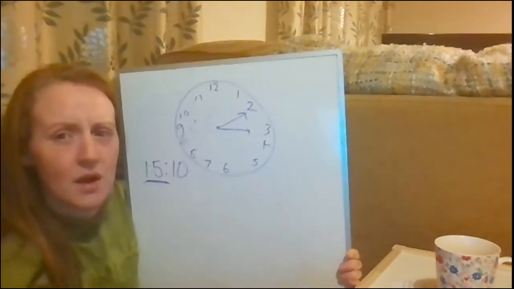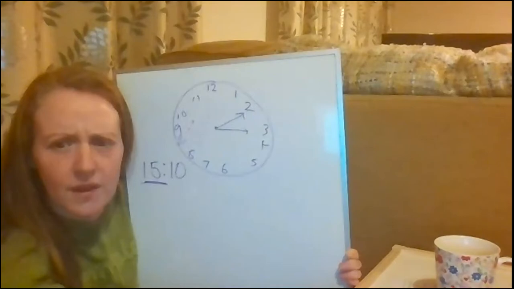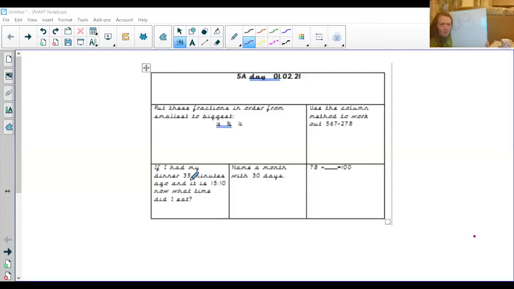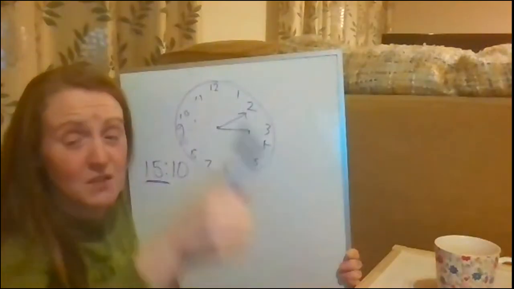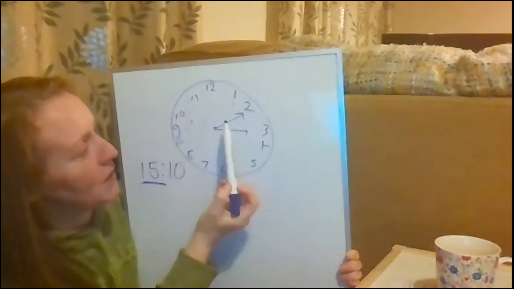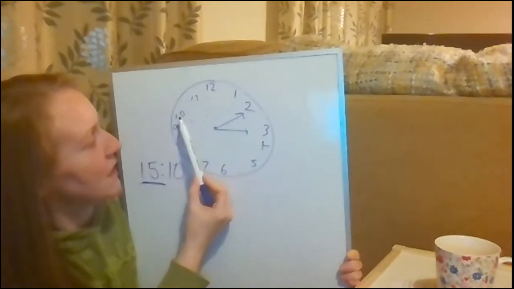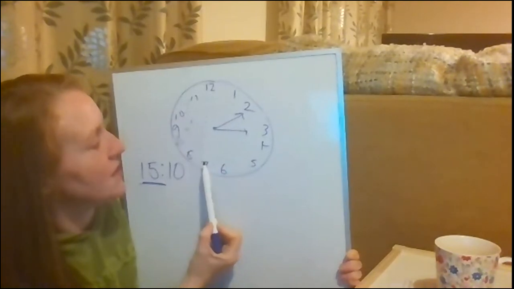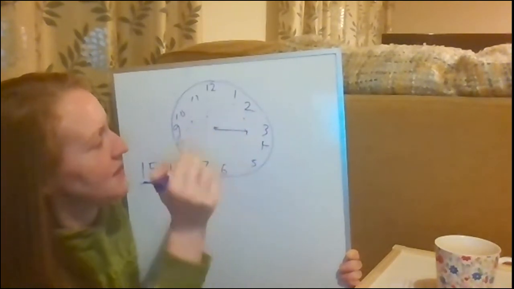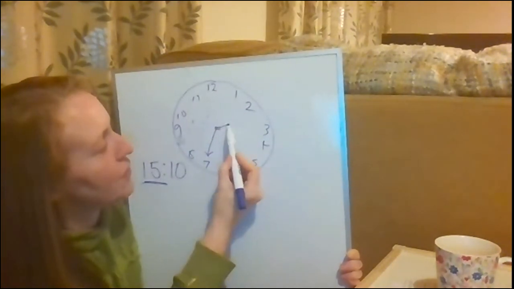And I had my dinner, I think I said 35 minutes ago. Let me just check I was right there. 35 minutes ago, so 35 minutes before this time. So I'm going to go back with my minute hand, 5, 10, 15, 20, 25, 30, 35. So my minute hand is now down here, which means it's not quite on the 3 yet.